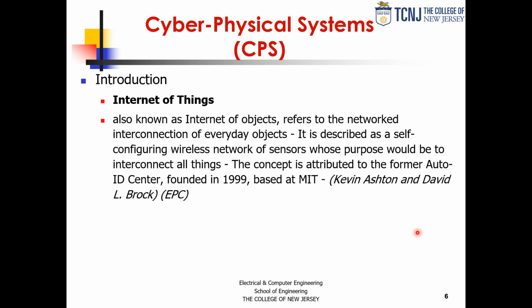So again, from a historical perspective, the Internet of Things was coined as part of the Auto ID Center, founded in 1999 and based at MIT. A big part of the work of that center, of that lab, was RFID technology.